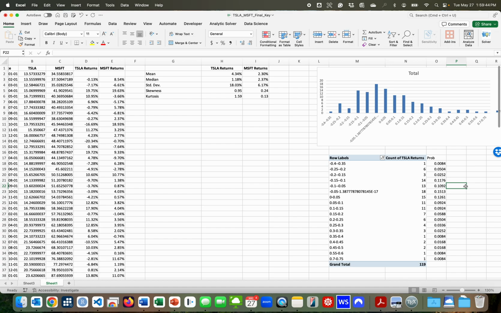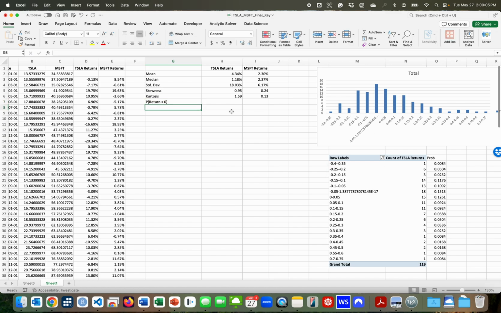So we want to estimate a few probabilities. So the first thing we want to do, I'm going to come over here to the right, and let's find the probability that the return is less than 0.